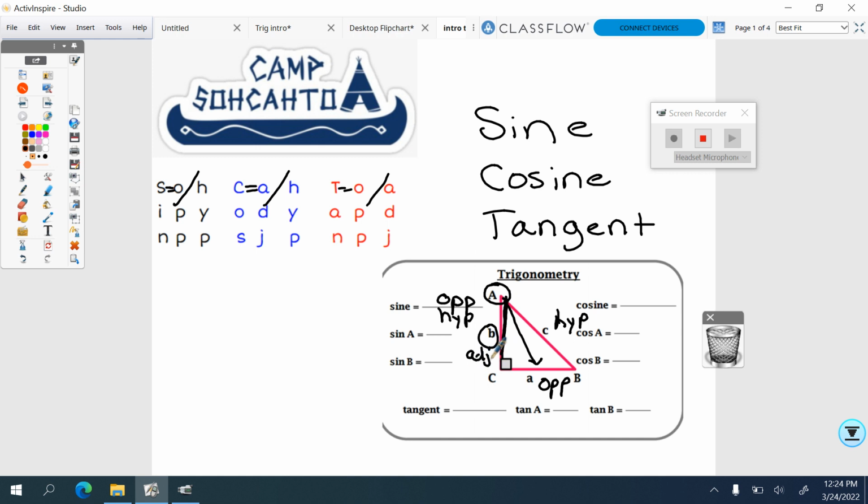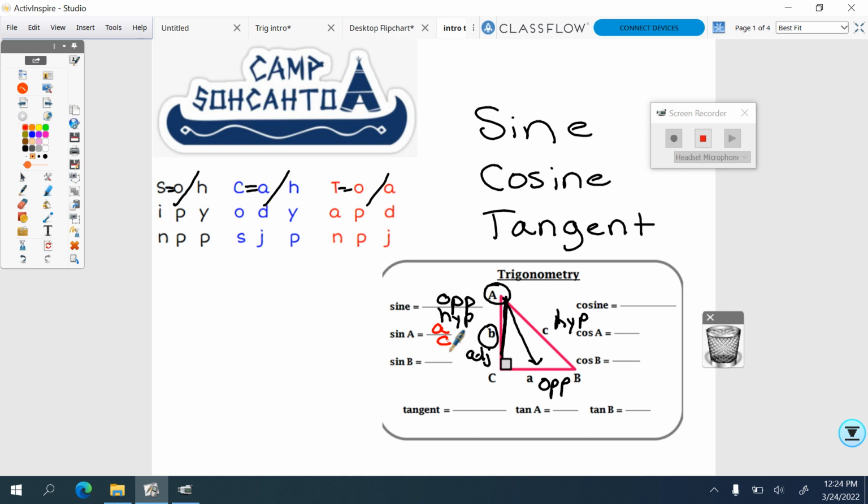So when I'm looking for sine of A, that's going to be the opposite, which is lowercase a. Remember that sides are lowercase and angles are capital. And then the hypotenuse is C. Okay? And I'm going to then work with cosine, and then I'll come back to sine B because I have to erase, because that changes my adjacent and my opposite.